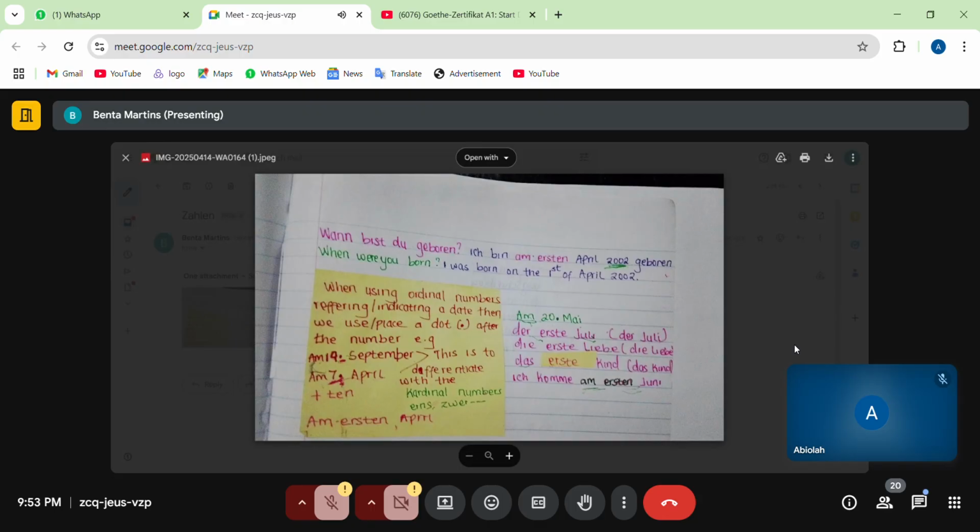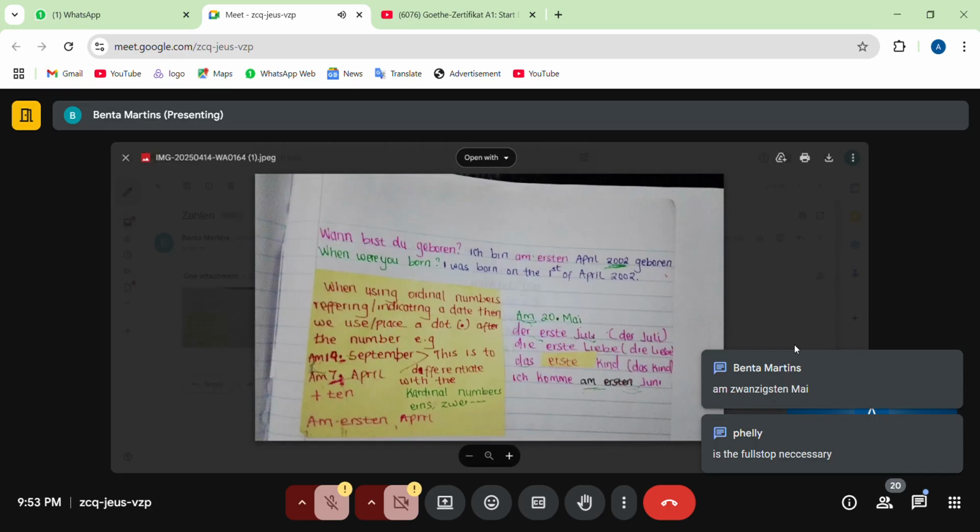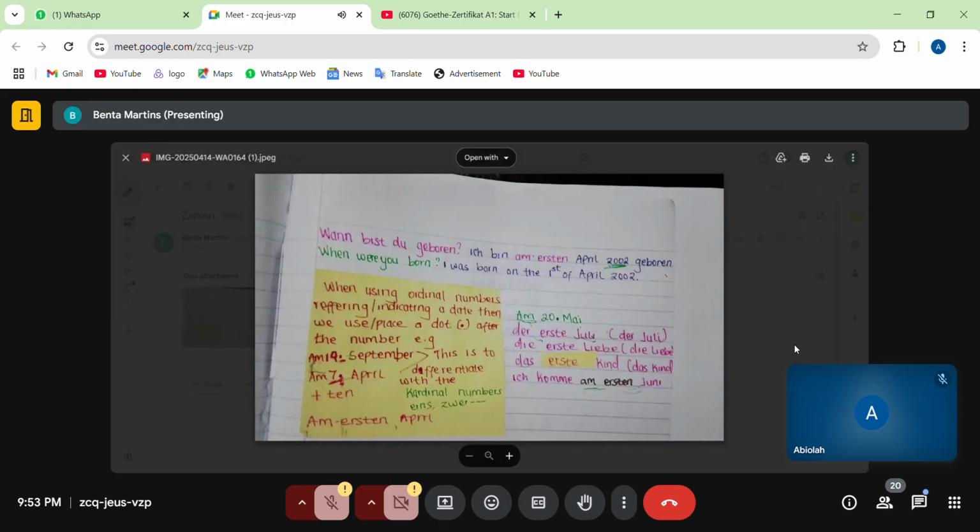Remember, from 20 onwards we had ST. So it's 20. Mai, the 20th of May. Yes, the full stop is necessary. If you don't place the full stop, it's like you're telling the person 20.